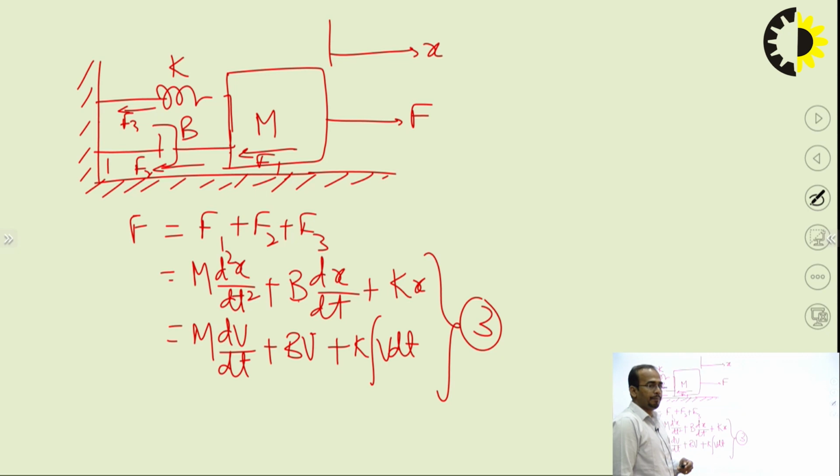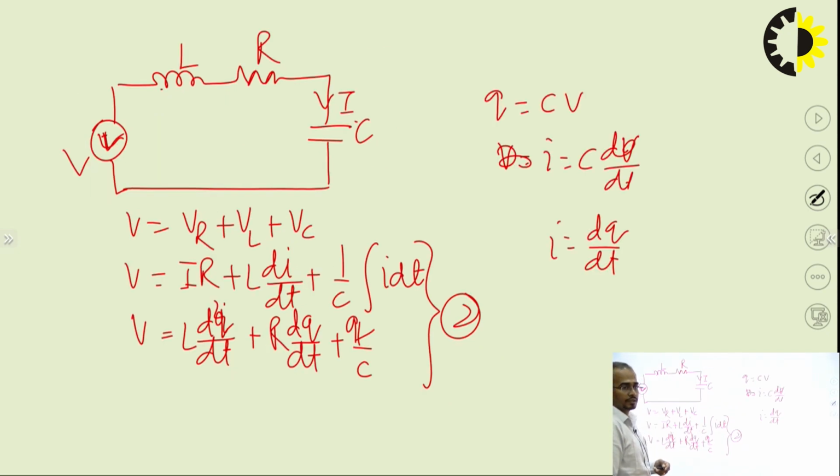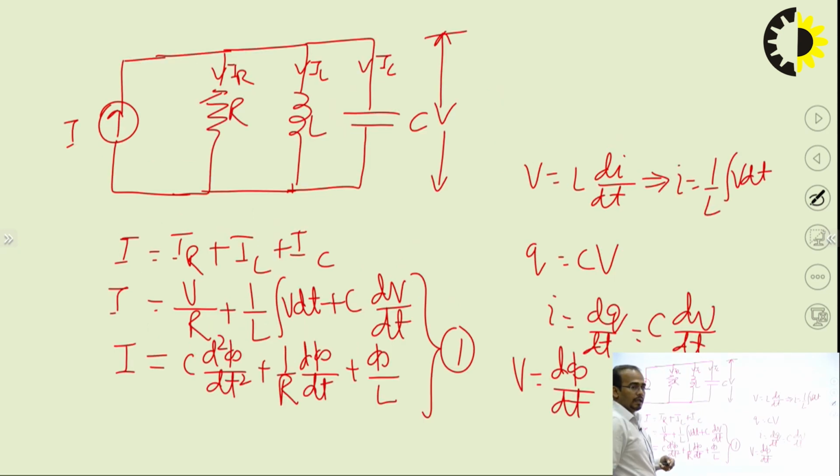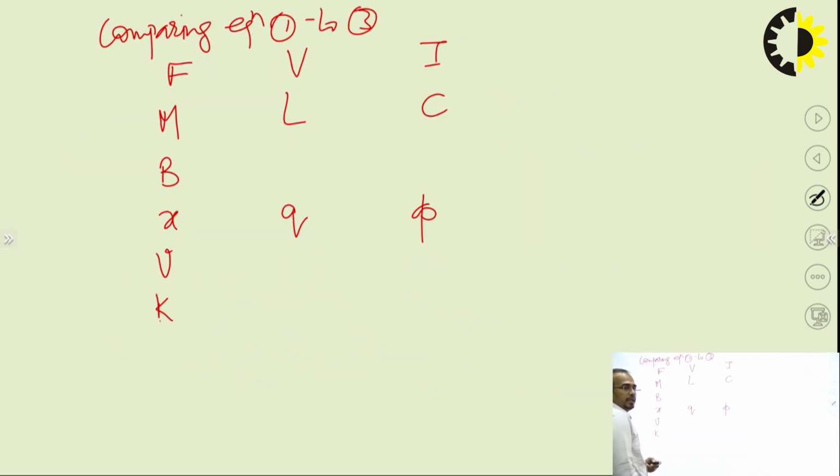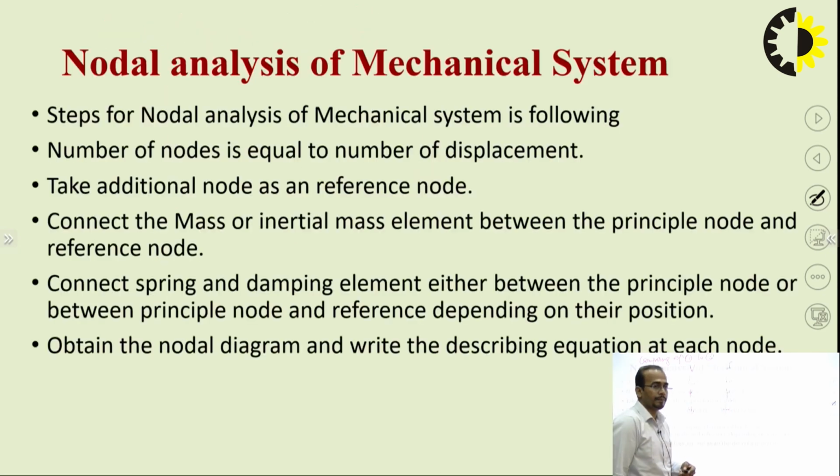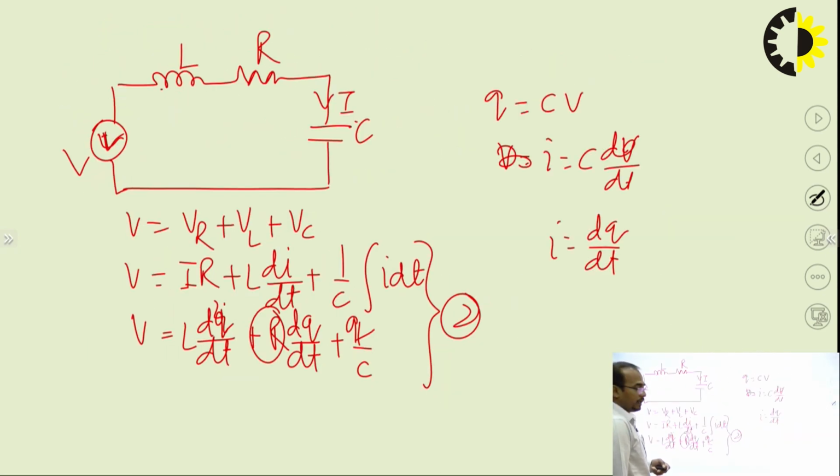Now what will be the damping element? Damping element is B. This is dx by dt. So first order is replaced by R in case of voltage, and in case of current we can replace by 1 by R. So we can write here B, R, 1 by R. What will be the equivalent of velocity?